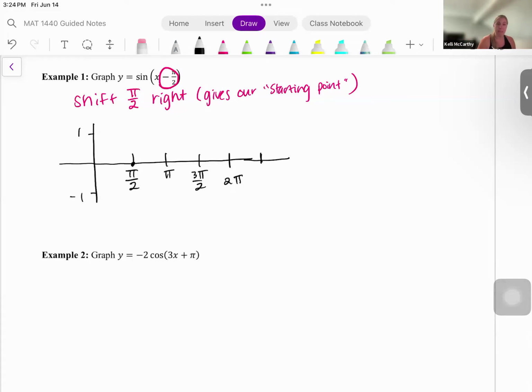So starting at the midline, at pi over 2, since that's our starting point now from that phase shift, going up to the max, back to the midline, down to the min, back to the midline. We can see that graph there. Now we could have also continued, instead of adding another segment to the right, we could have just said, well, this is going to be at the minimum here and then continue it that way.